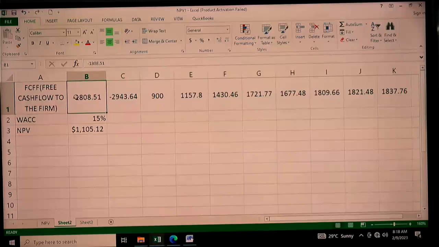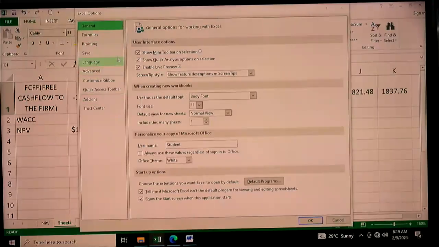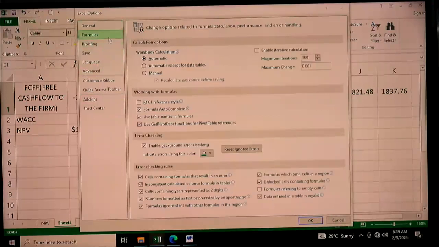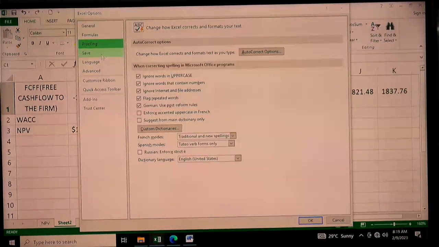Remember that a negative can be indicated with a negative symbol or sometimes in brackets. In most cases, it will be provided in brackets. If it's not showing in brackets, it means there's a setting somewhere that is supposed to show the negative amounts in brackets.